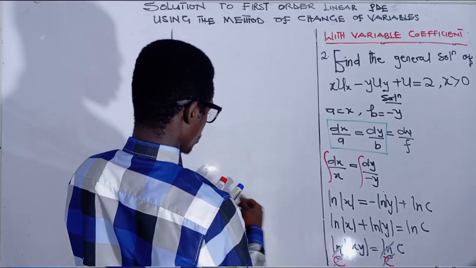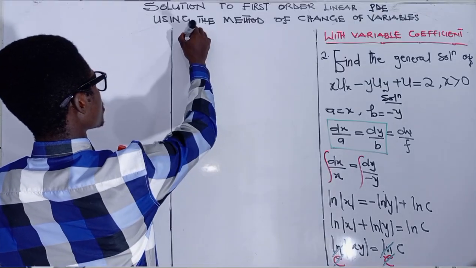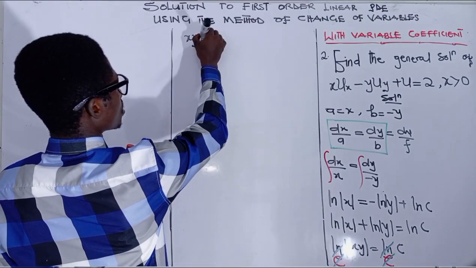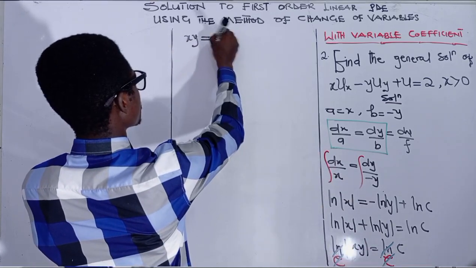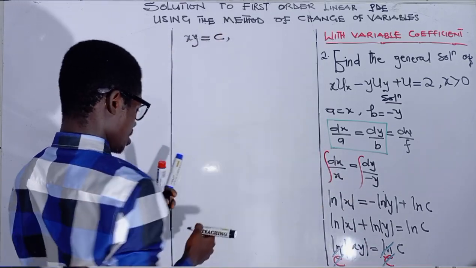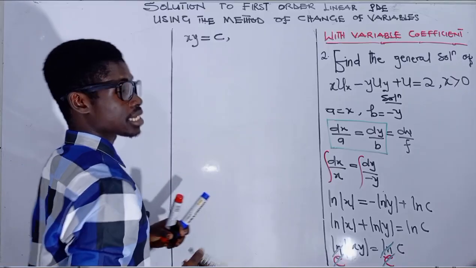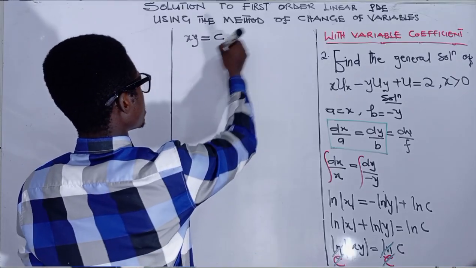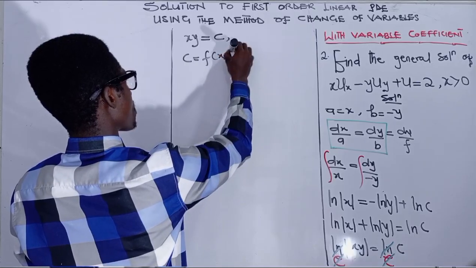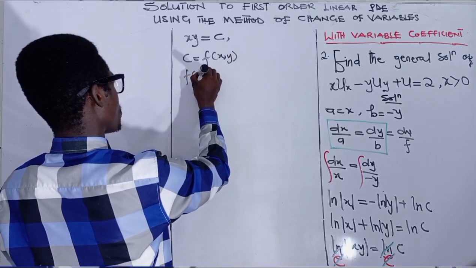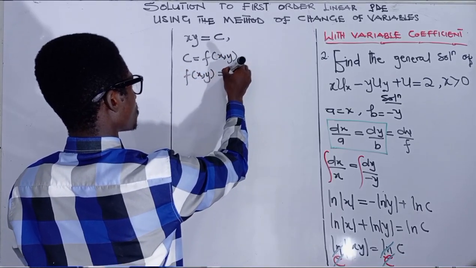So we are left with xy. xy is equal to what? C. And as we said, we are going to set the constant c to z, because c is equal to the function of x and y, and this function of x and y is also equal to z.